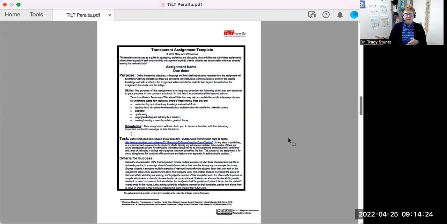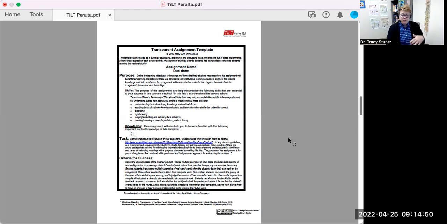It gives a little bit of an explanation as to what goes into each component, but then also visually you can see now how the assignment is going to be laid out. And so it helps you not just incorporate all these components, but then share it in a way that is easy to navigate for the students, and that is consistent. So it'll be consistent across all of your assignments.